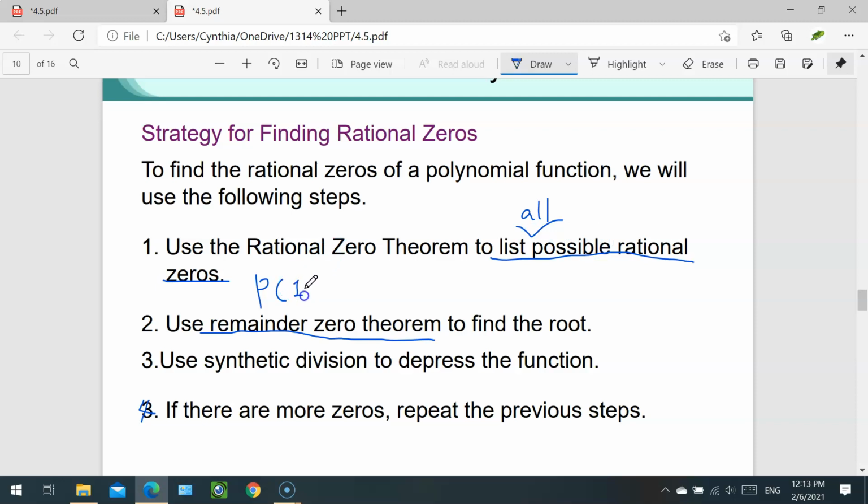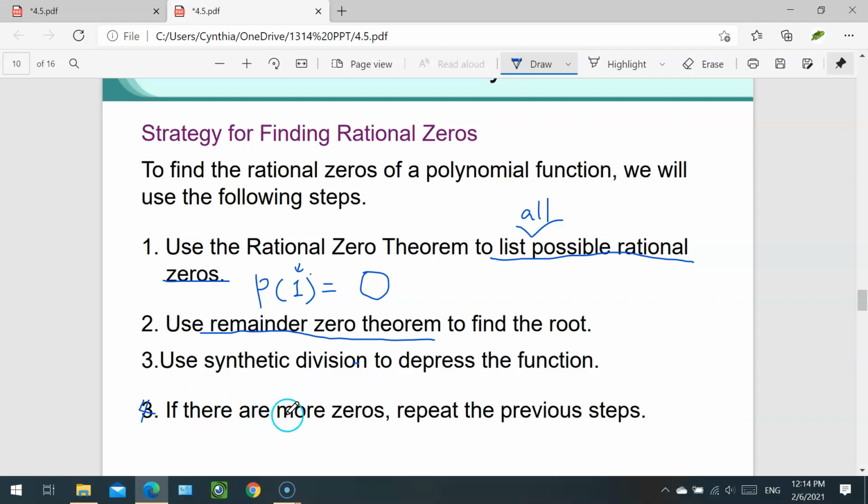Say you pick a 1. So you substitute 1 into the function. We are looking for the output to be 0. If you get a 0, then this is a root of the polynomial function. Then from there, we use the root to break down the function by using synthetic division to depress the function.